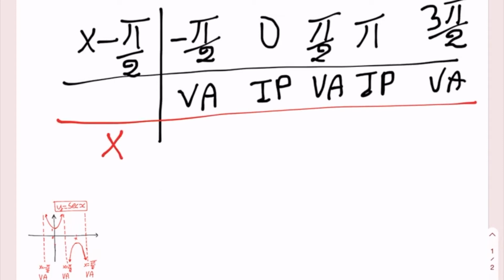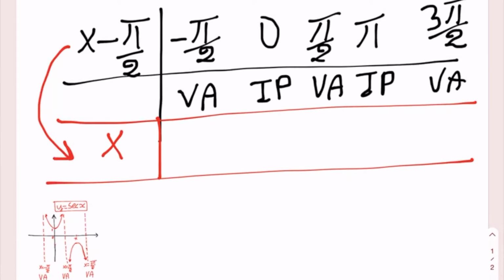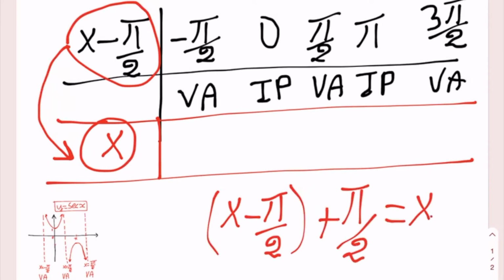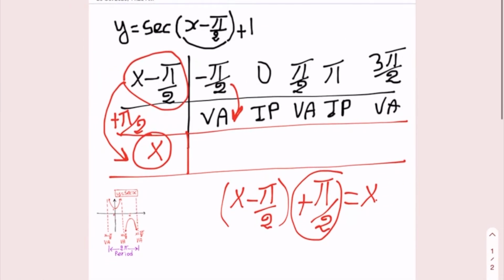Now we get the values of x. To get that, we just do the transformation. x minus pi over 2 plus pi over 2 gives x, so we need to add pi over 2. We add pi over 2 to negative pi over 2 for the asymptote, and we get 0.